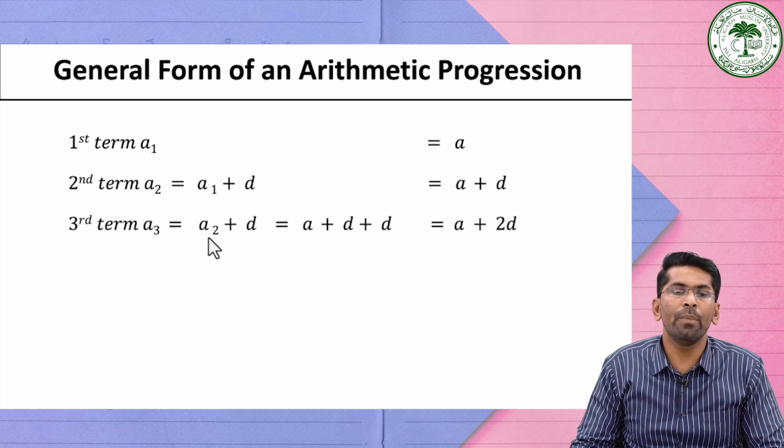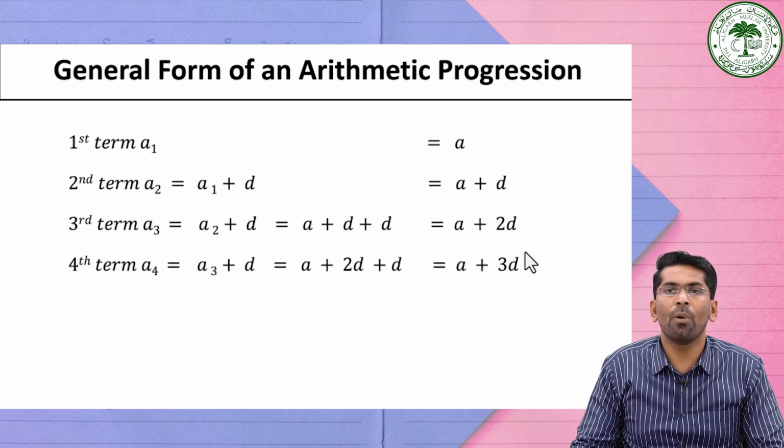The third term will be a2 plus d, that is the second term plus d, which is a plus 2d. Similarly, the fourth term is the third term plus d, that is a plus 2d plus d, which is equivalent to a plus 3d.